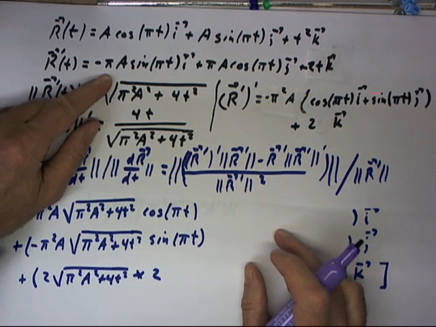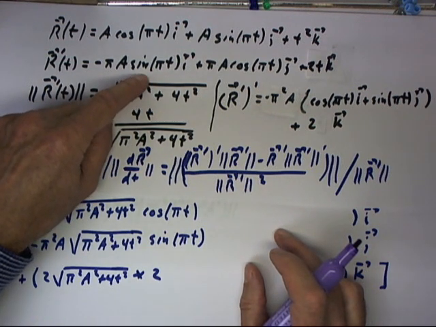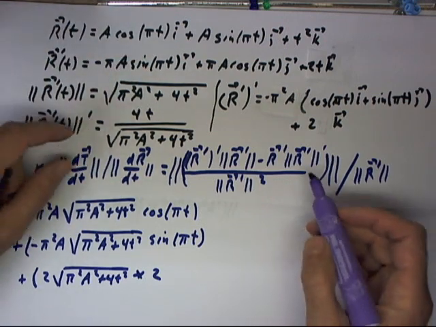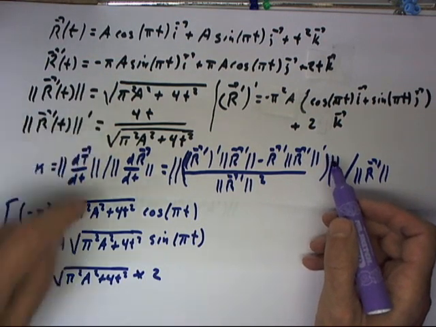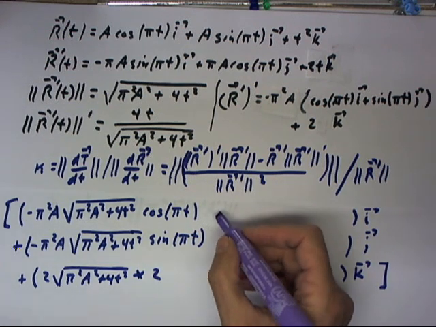Okay, our r prime has, on the i, a negative pi a sine of pi t, and our r prime prime has a 4t over this square root. So we're going to have what?